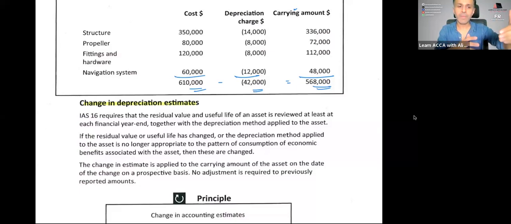With straight line, the assumption is that this asset provides the same benefits, so I should depreciate the same amount over all of its life. With reducing balance, the assumption was that this provides more benefit in earlier years, so I should depreciate more in the early years and then reduce. So that was your assumption. So you have chosen this method for this asset, for that asset, for this one.